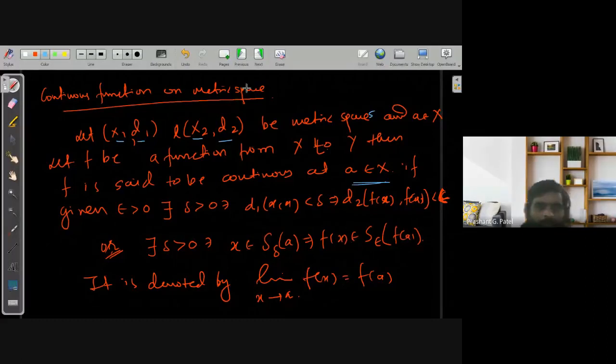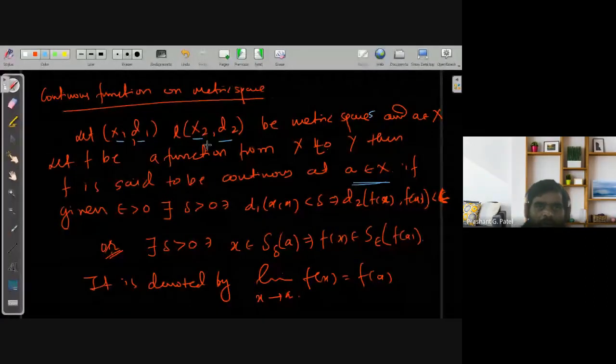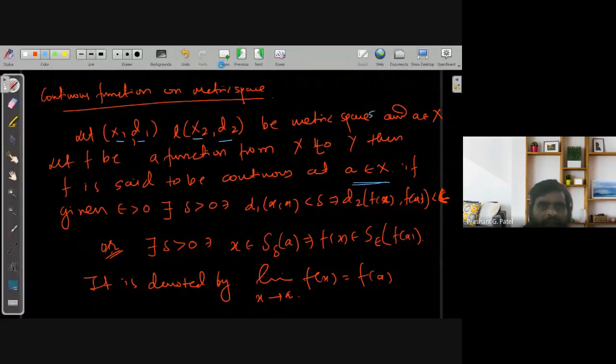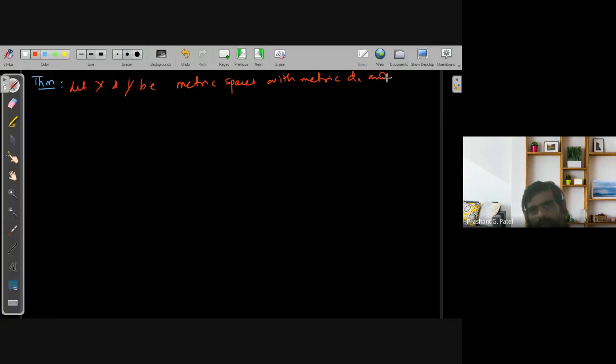Now with the help of this, we will have one important result, and that result gives you the equivalent conditions for a continuous function. So let us state that result. Let X and Y be metric spaces with metrics d1 and d2 respectively.